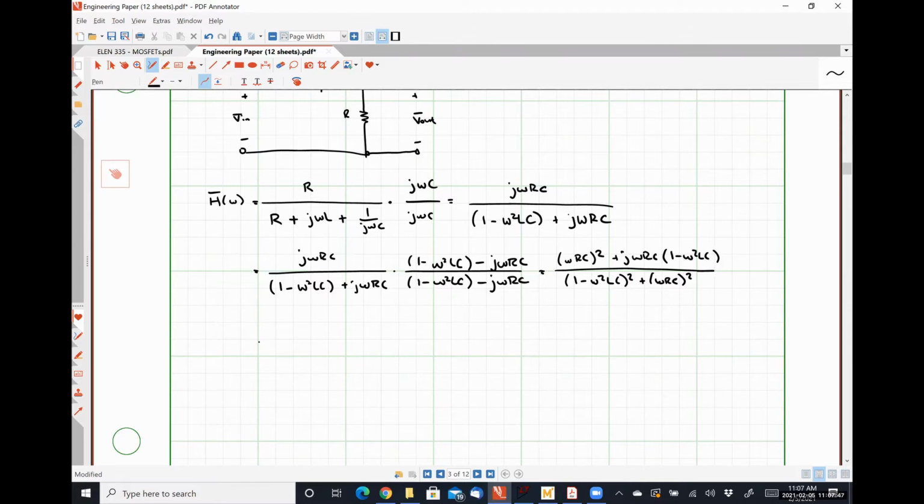And lastly, just splitting things up, omega R squared plus j, minus omega squared LC quantity squared plus omega RC, and over here, omega RC times 1 minus omega squared LC.